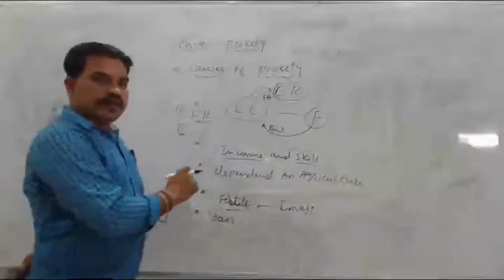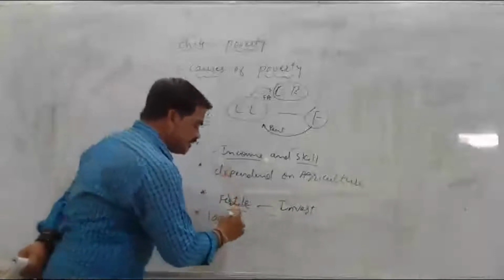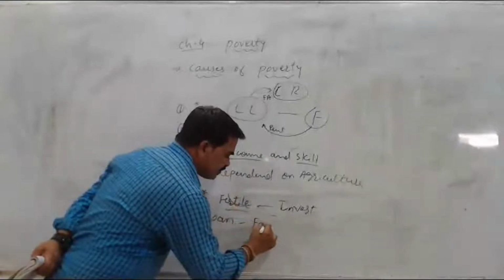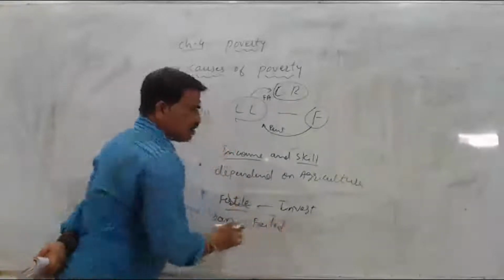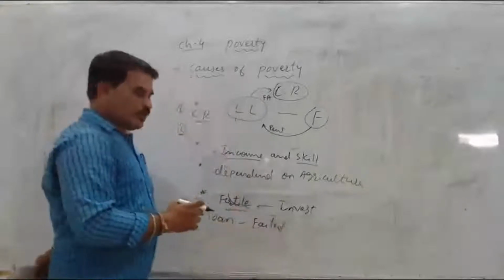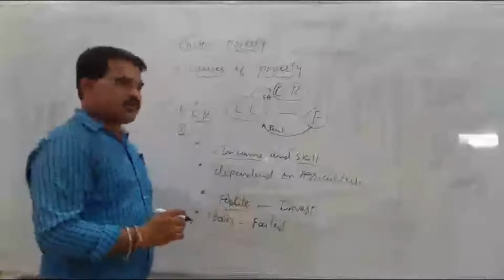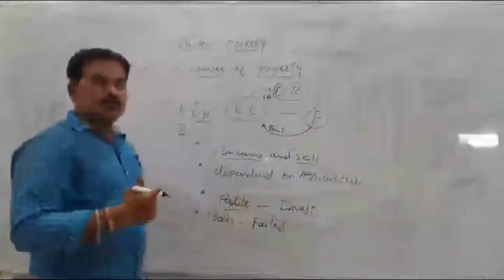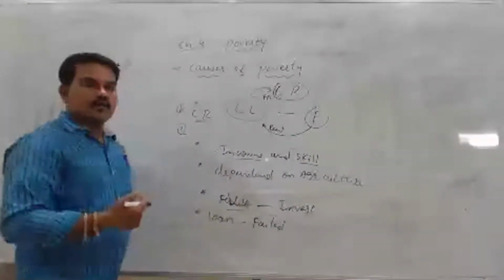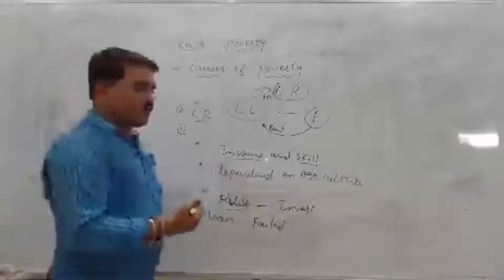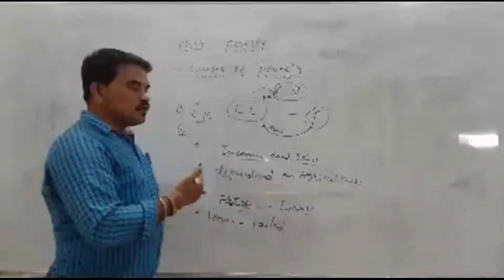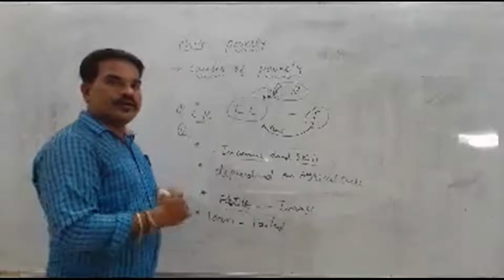If they take a loan, invest and try to grow a crop, and if there is crop failure, if they didn't get a proper crop and it fails due to so many reasons, what might be the reason? Drought, meaning no rain to grow the crop, because most of the farmers depend on rain.